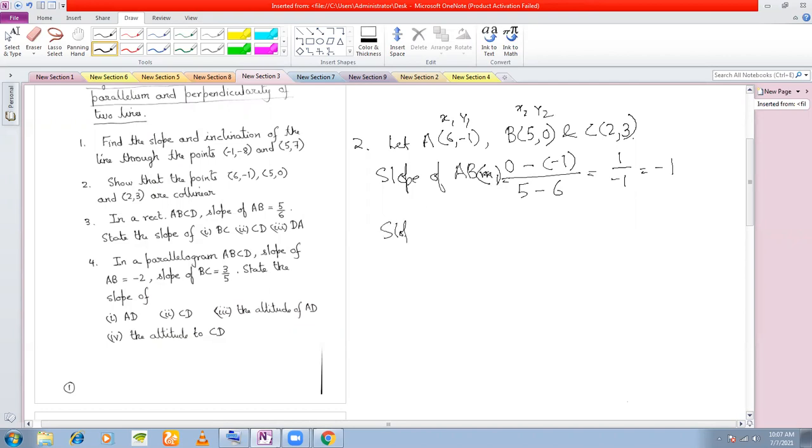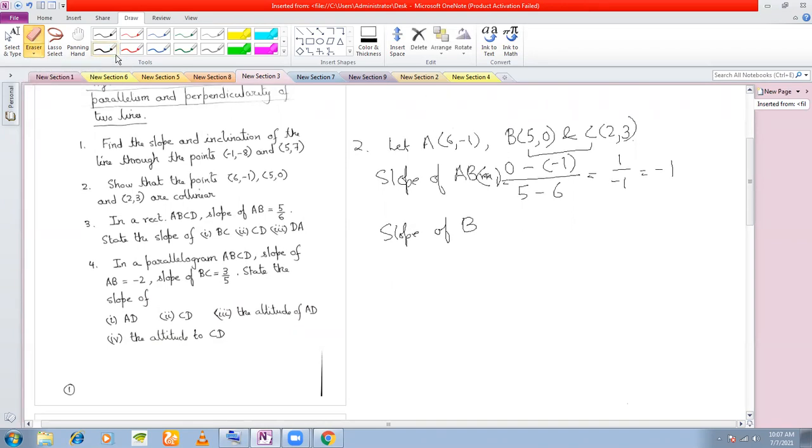Next, let us find out the slope of BC. This time this is our x1, y1, and this is our x2, y2. Slope of BC, call it M2, is equal to y2 minus y1 divided by x2 minus x1.